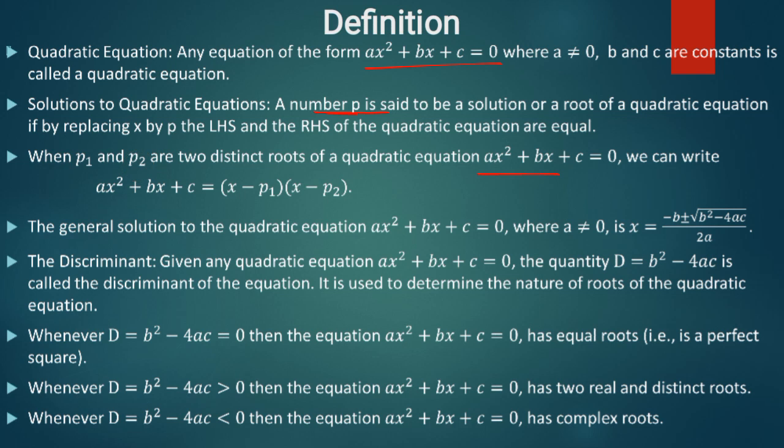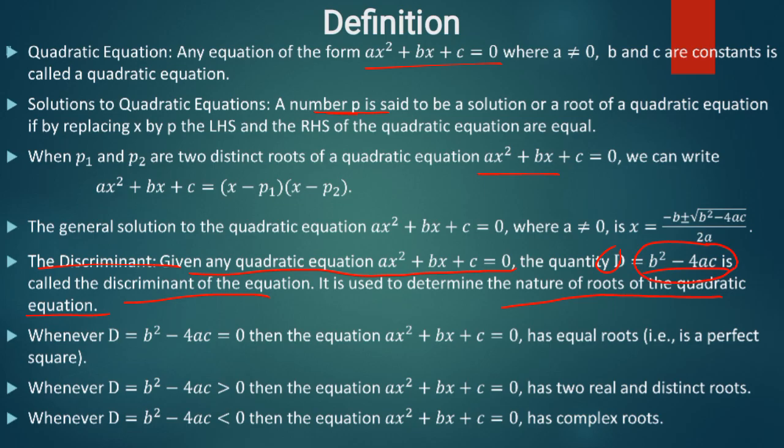The discriminant, given any quadratic equation of this form, is the quantity D, which is equal to b squared minus 4ac. This is used to determine the nature of the roots of the quadratic equation. So this discriminant, b squared minus 4ac, is very, very key.